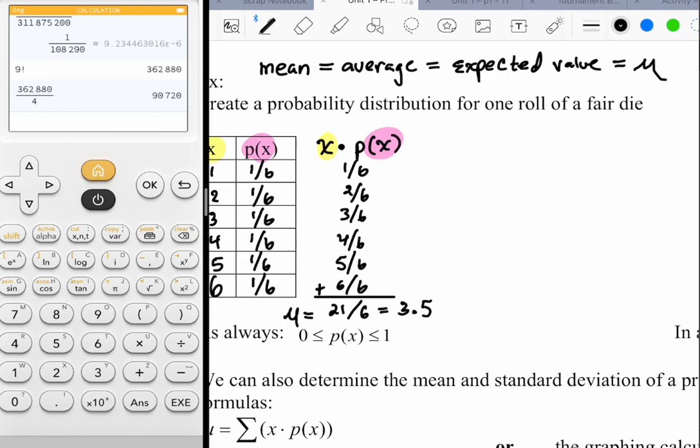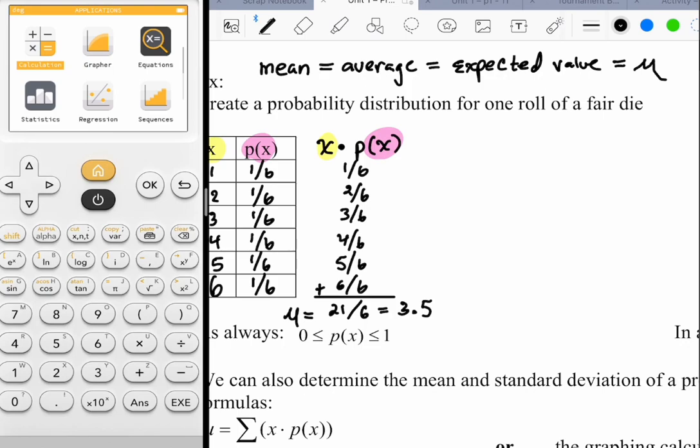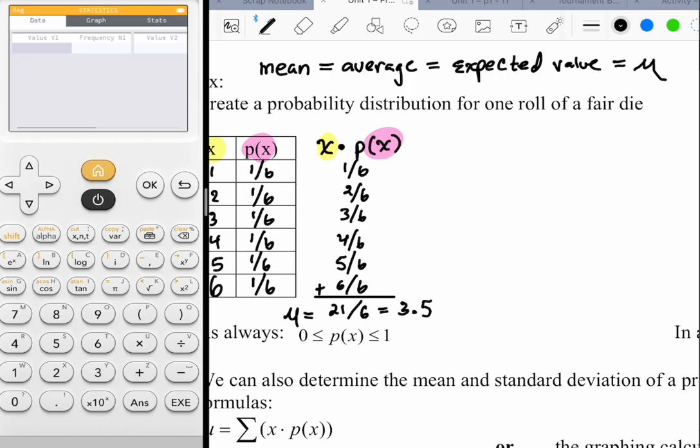All right. So, it's not always the easiest thing in the world to do, but you can use a random generator. And I have to show you this because the next activity that we do, which is going to, well, I'll get into that later. But if you go into the statistics menu, so if you hit home and go into statistics, you have basically like a mini Excel spreadsheet, right?